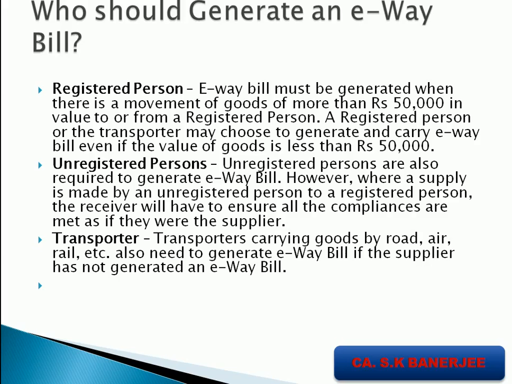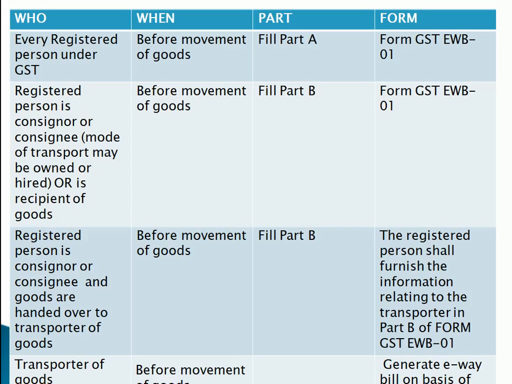If the e-way bill is not generated, then all three will be under the government lens. So anyone has to generate it, either the consignor, the consignee, or the transporter. So all three have to check.